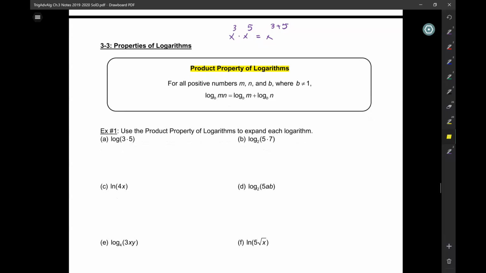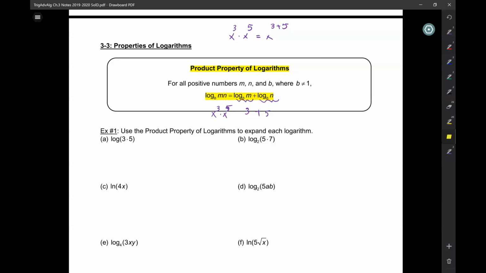The first part is asking, what do you know about the exponents of two things that are being multiplied? The second part is saying you take the exponent of the first one, you take the exponent of the second one, and you add them, right? So that is the product property of logarithms.